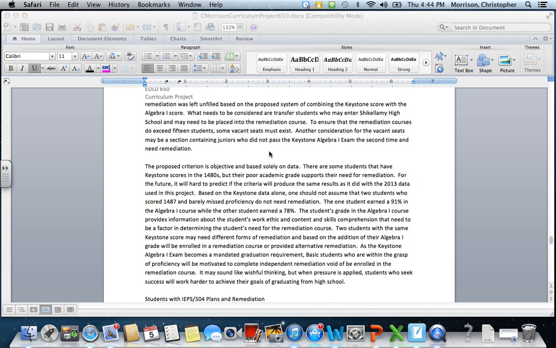Now, the one last thing with the criteria system. It's based solely on data. It is objective, and this could be a system that really does not rely on teachers having to pick students for remediation. Instead, there are two numbers.